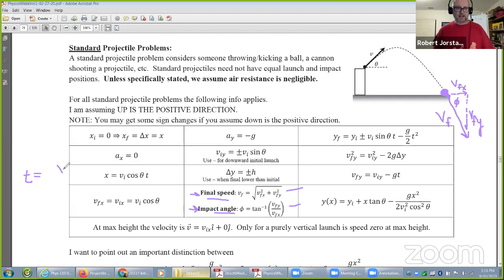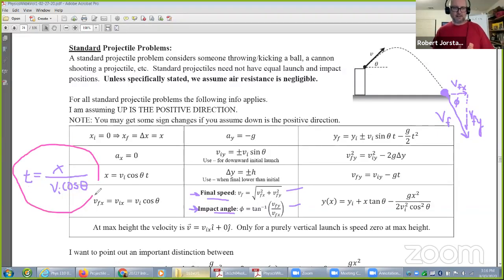T is equal to X over, let's see, was it V initial cos theta? Right? If you take this, let me put a circle around this in a different color here. How about this?